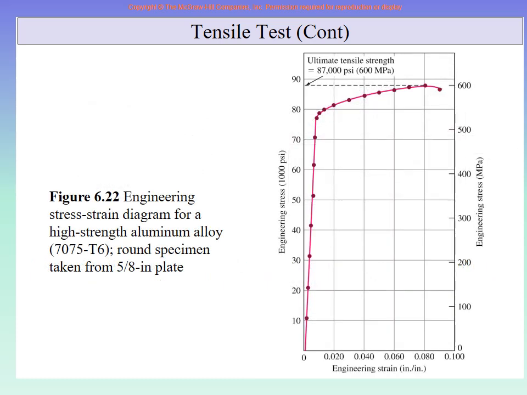And then we showed you that after the force and deformation readings are available from the machine, then you divide the force by the original cross-sectional area, you divide the changing lengths by the original length, and you get a stress-strain diagram. And this is a typical stress-strain diagram for any metal. Here the metal is a very high strength aluminum alloy, 7075 T6. And on one side we have PSI units, on the other we have megapascal units.